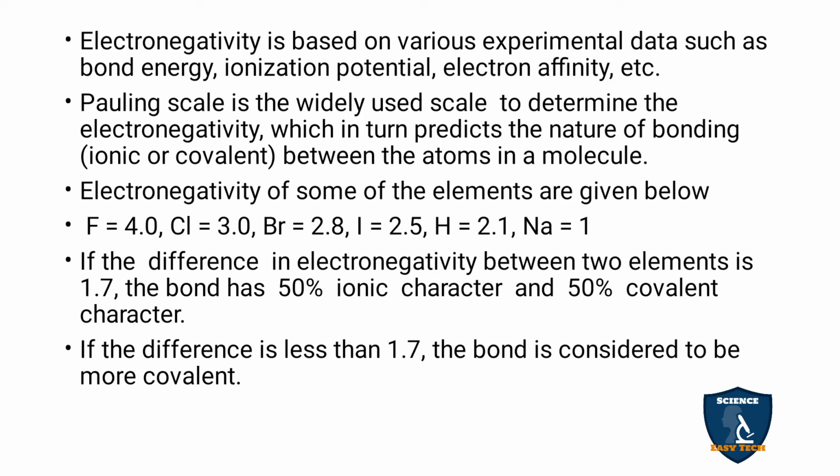If the difference in the electronegativity between two elements is 1.7, the bond has 50% ionic character and 50% covalent character.